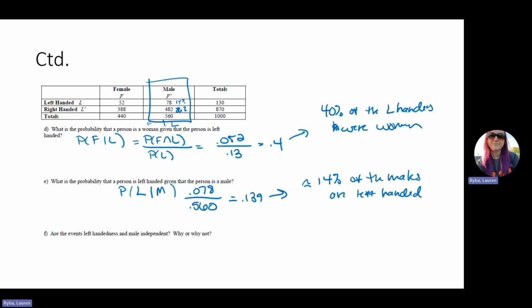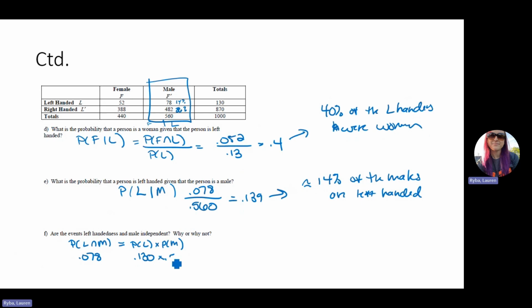So then the question becomes, are the events left-handedness and male independent? So what I need to check is the probability of left intersect male. Is that equal to the probability of left times the probability of male? Well, left intersect male was 0.078. Left-handed is 0.130.